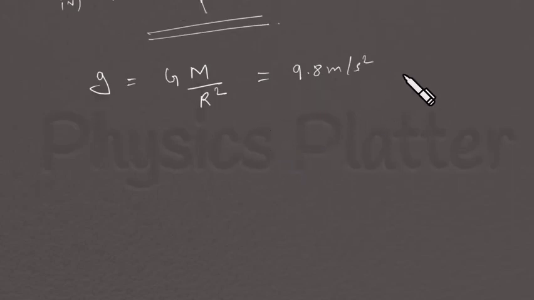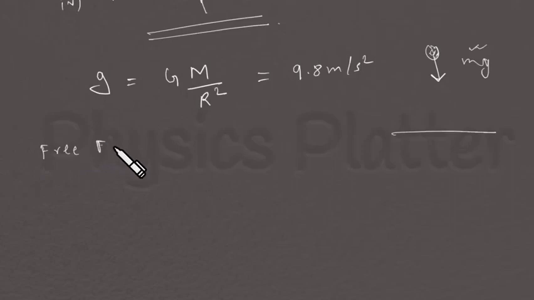Anything that falls freely from some height entirely because of its weight, that means there is no other force on that body except the weight of the body itself, such a motion of the body is called the free fall of the body.